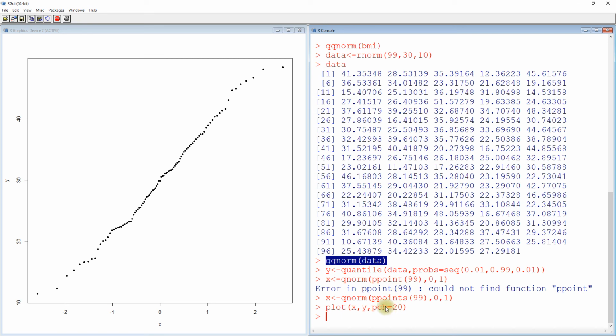Now, you see that the interpretation is obviously the same. So you can change the y to sample quantile and x to theoretical quantiles.